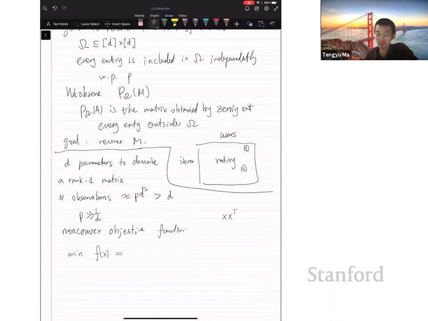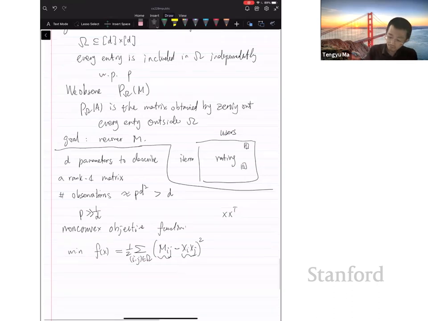This is the parameterization of a target matrix, and you want this matrix to fit all my observations. So you are taking a sum over all observed entries, because these are the only cases where you know the entries. You know those M_ij, and you subtract x_i times x_j, and you take the square. So this is your prediction, this is your observation, and you take the square and sum over all observed entries.